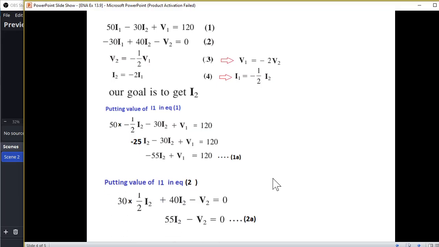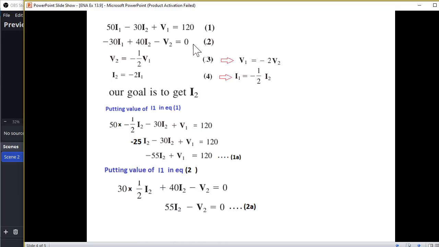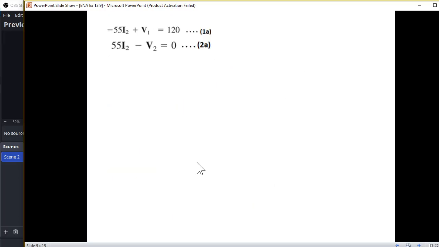Coming on to the second equation, in this equation also we'll put I1. That will eliminate I1. So we have another equation which now only has I2 and V2. This one has I2 and V1 and this one has I2 and V2. So here also we'll be using this relation to get in terms of V2.